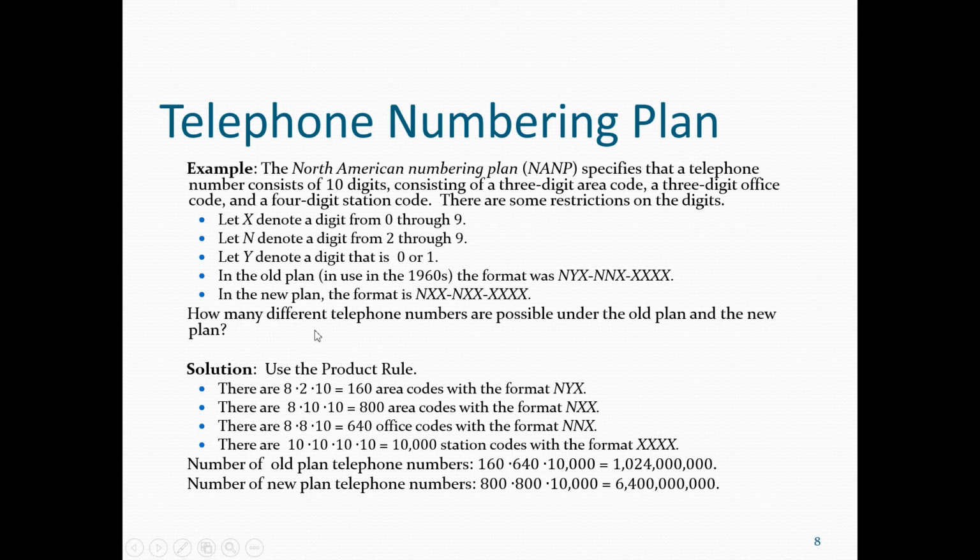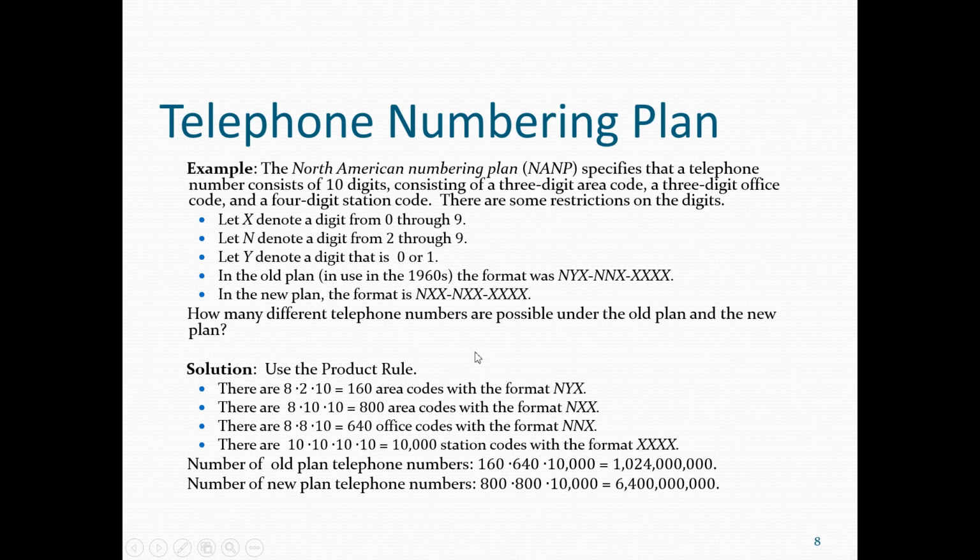How many different telephone numbers are possible under the old plan and the new plan? We'll use the product rule. First NYX: in how many ways can it be determined? For N we have 8 choices, for Y we have 2 choices, and for X we have 10 choices, 0 to 9.